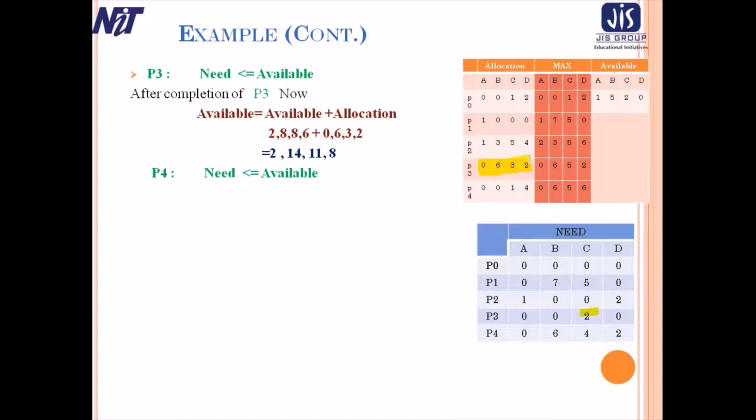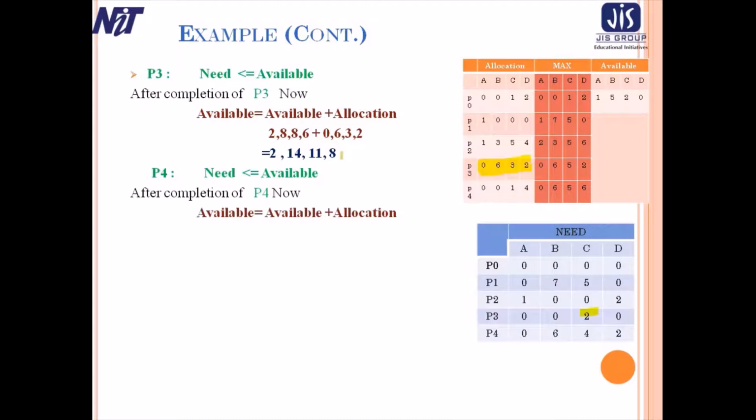Yes, its need is 0642, and we have more resources: for B type we have more than 6, for C type our available is more than 4, and for D its need is 2 and we have 8. So we can easily provide our resources to P4.